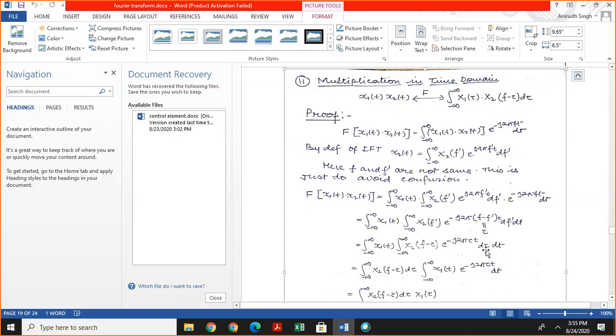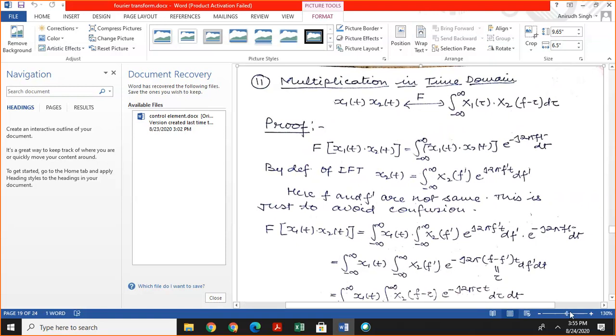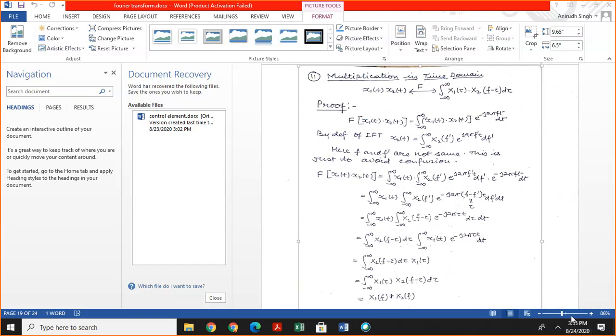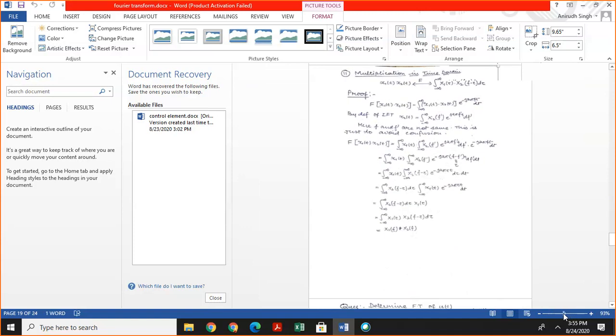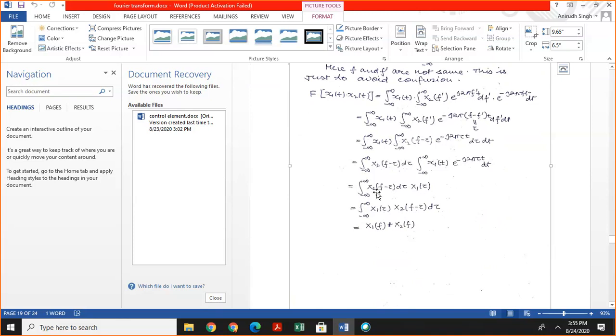If we separate this term and this term, we get the integration from minus infinity to plus infinity of x2 of t minus tau d tau, and the integration from minus infinity to plus infinity of x1 of t exponential minus j 2 pi tau t dt, and this is the Fourier transform of x1.